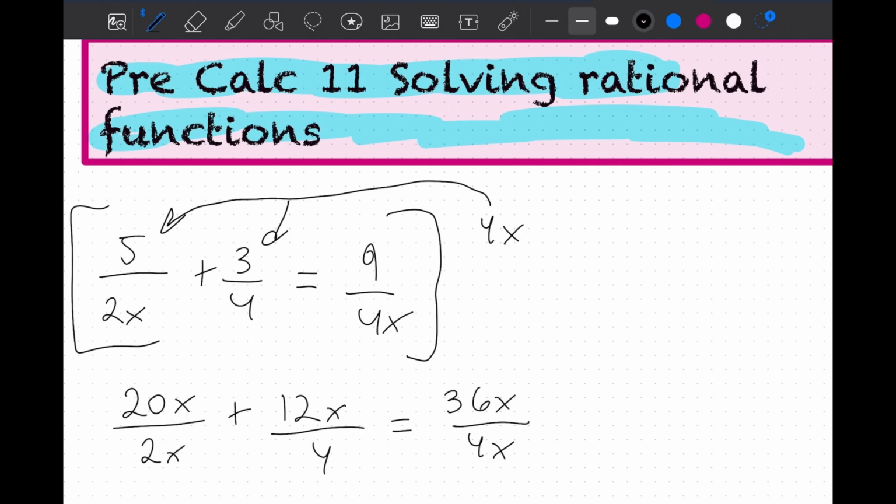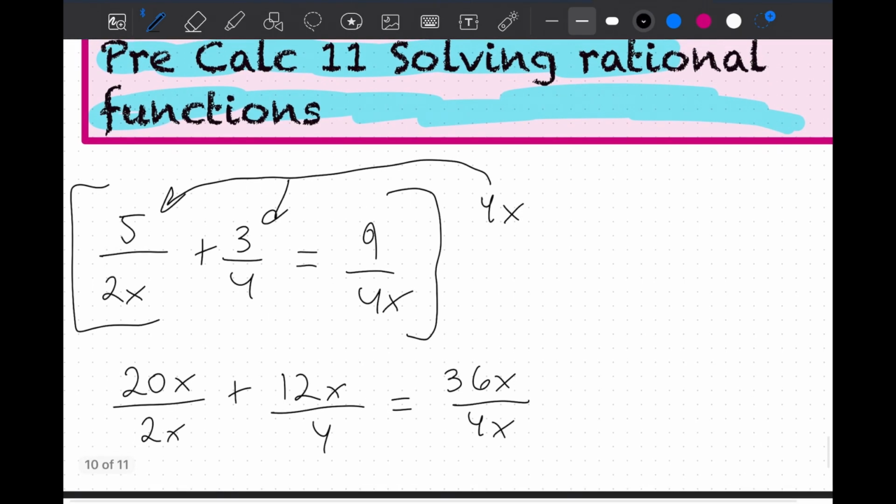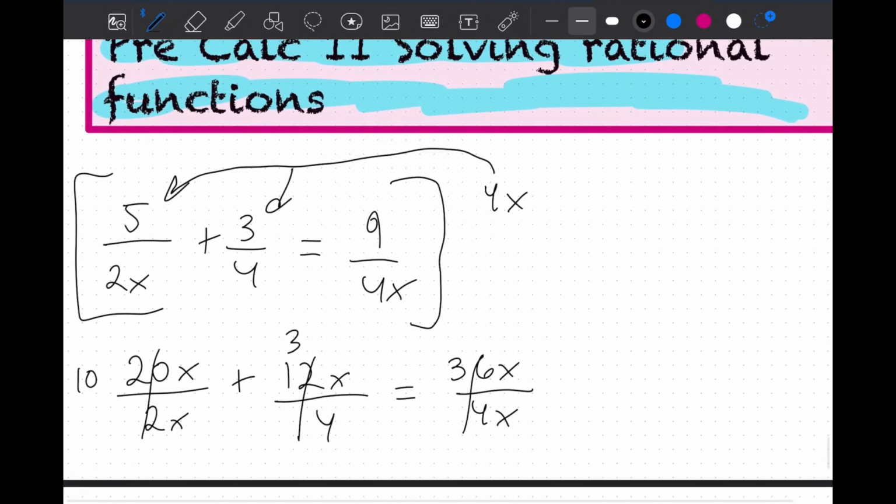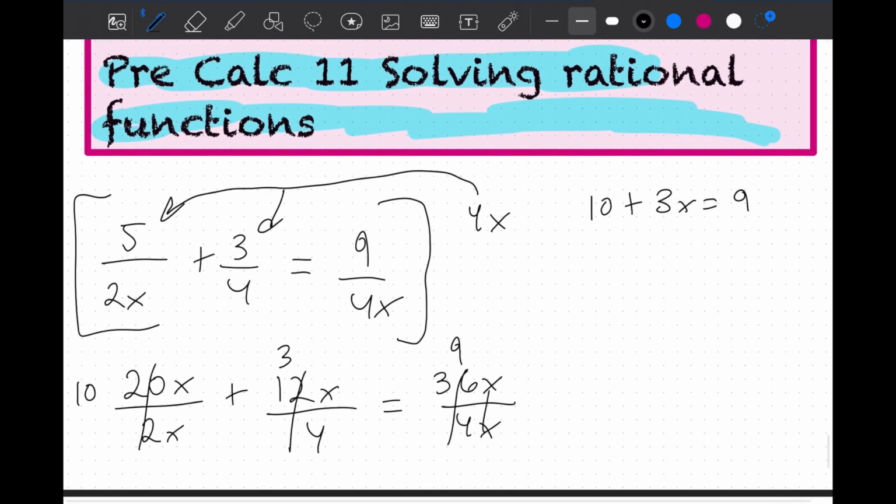So now that you've done that, we can simplify everything. So this can just be 10x, this can just be 3, this can just be 9. So let me just write that cleanly. So this will just be 10 plus 3x equals 9, because the x's have also canceled.